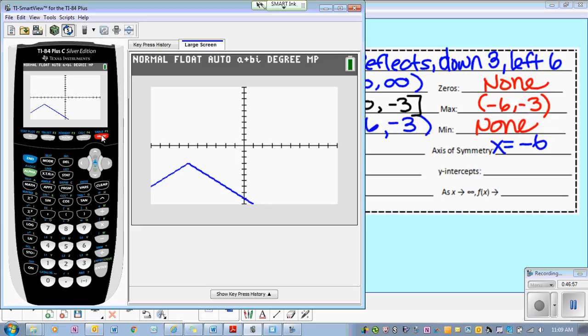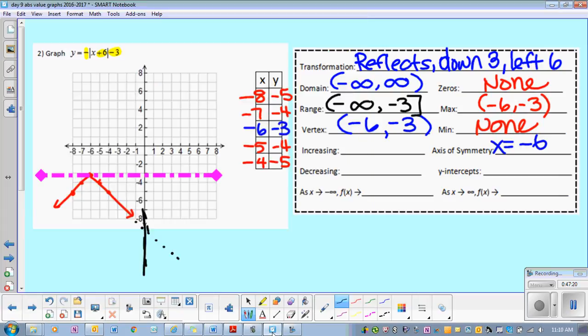Now, hit trace. You see up here at the top, you see trace? Yeah, hit it. It's 0. You see how it says x equals 0? Hit enter. What does it tell you? So there you go. Your y-intercept is 0, negative 9.